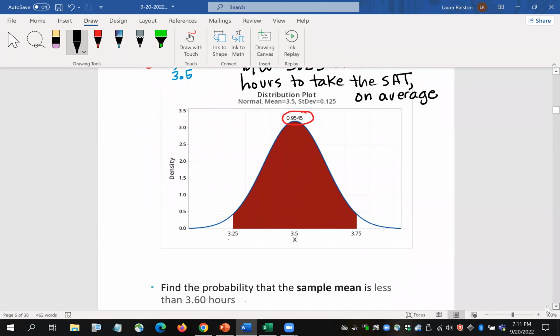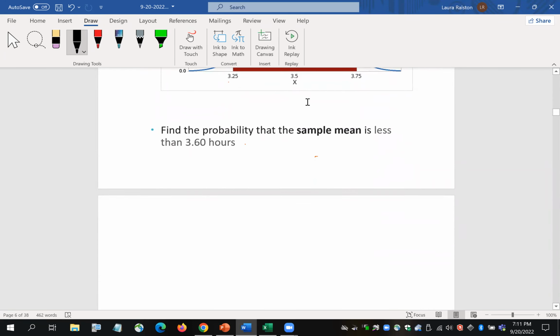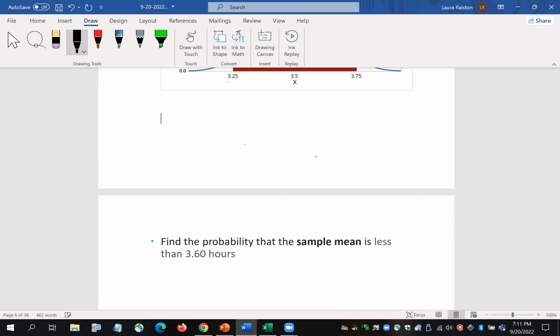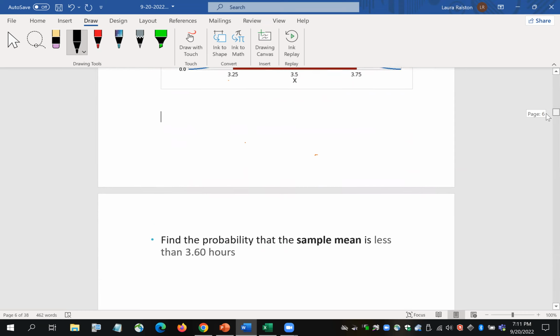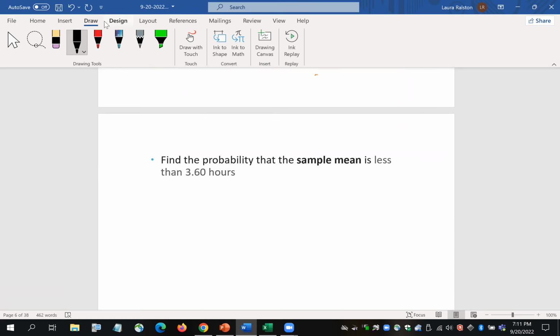All right, let's look at another one. Find the probability that the sample mean is less than 3.6 hours. So we still know that the time that a student takes to take the SAT, we have forced it to be normal using the central limit theorem with a mean of 3.5 and a standard deviation of 0.125. Okay, so I still have that same scenario.